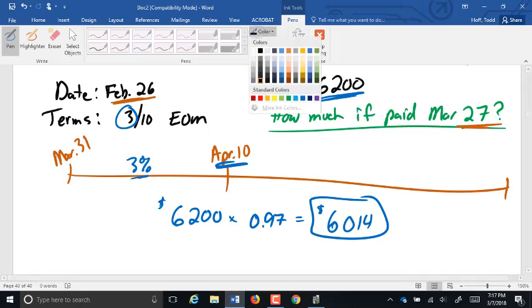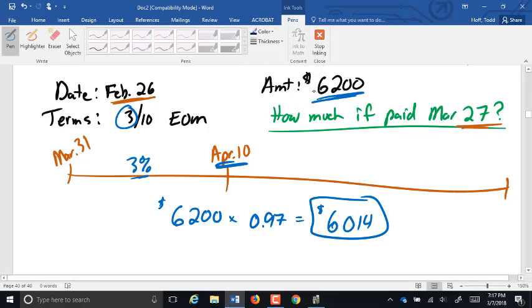Okay, now here's a question to put out there. And people want to argue this one, but this is the way it is done in industry. Let's say we're closing in on an April 10th date and we don't have the $6,200, but we still want to take advantage of that cash discount. So we're going to pay as much as we can.